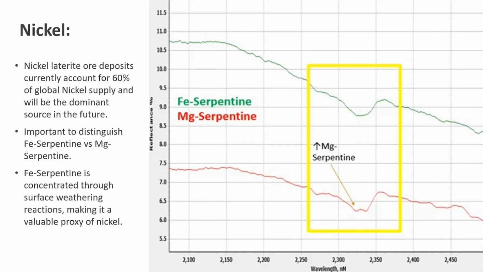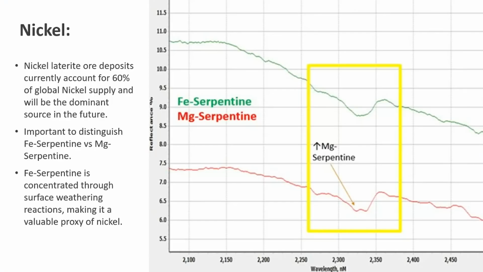A key challenge is distinguishing iron serpentine and magnesium serpentine. While they look similar in a hand sample, their chemistry and spectral features differ in very subtle but critical ways. This distinction matters because iron serpentine is concentrated during surface weathering reactions, making it an excellent proxy for nickel enrichment.